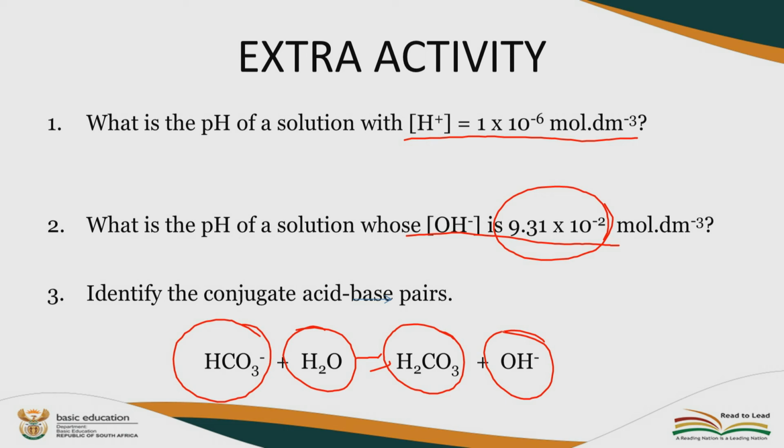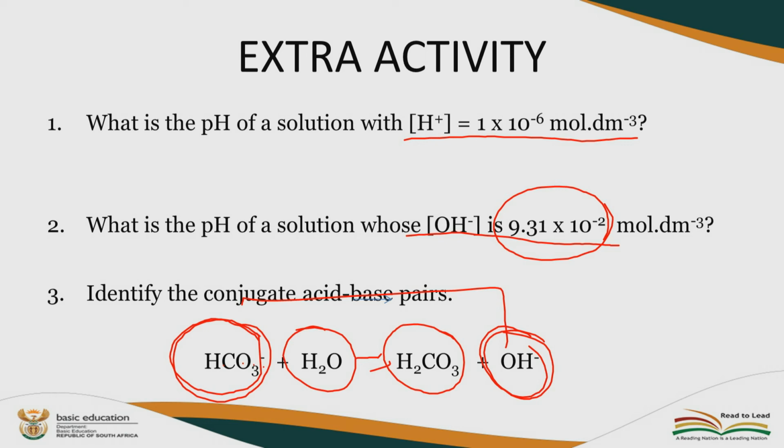So when you look at this reaction, you can check which substances differ by a proton. For example, if you look at this carbonate ion and this one, you can see that they don't differ by only a proton. They differ by many things. There's a carbon here, there's an oxygen here, whereas here it is not there.